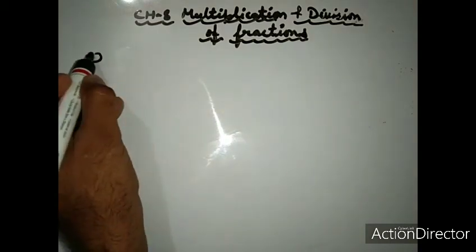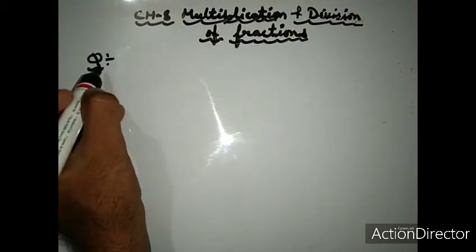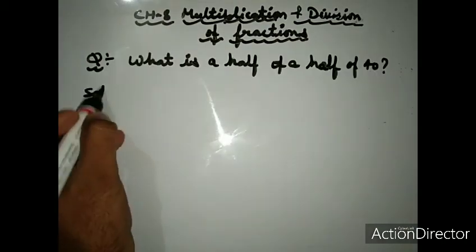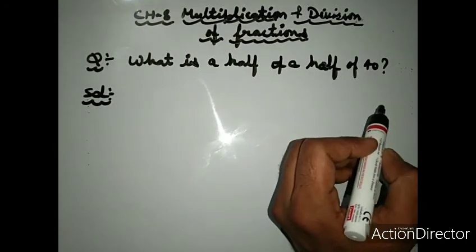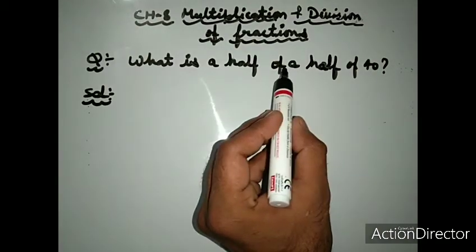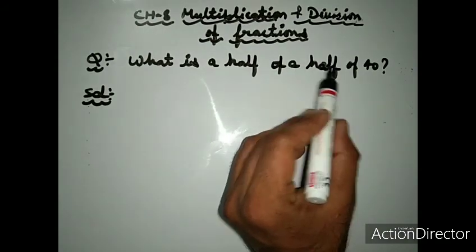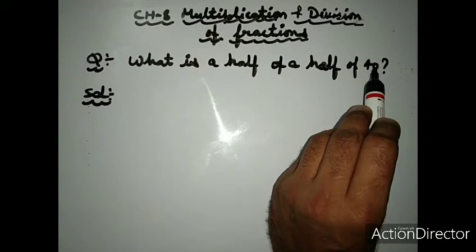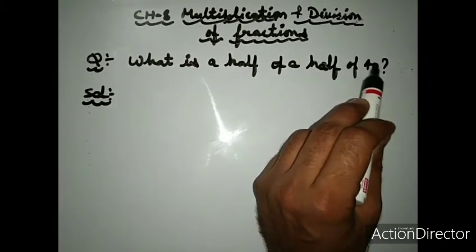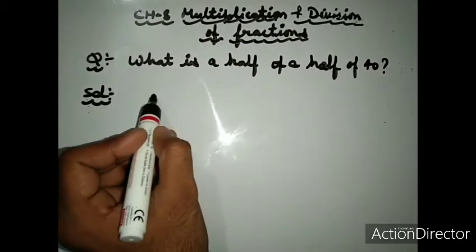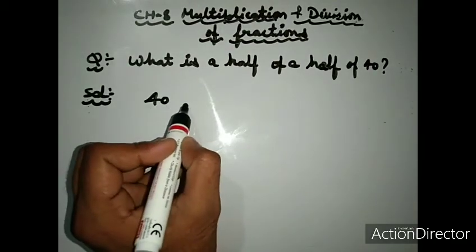Now here we take another question. Okay, so the question is: what is a half of 40? So here, half of a half means first we take a half of 40 and then again we take a half. So how do we find the half of 40?